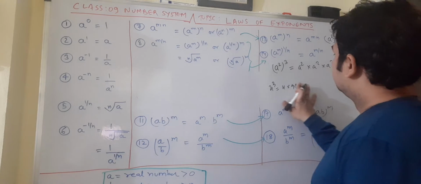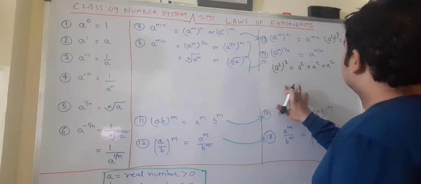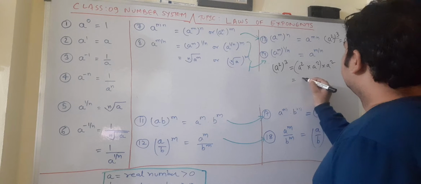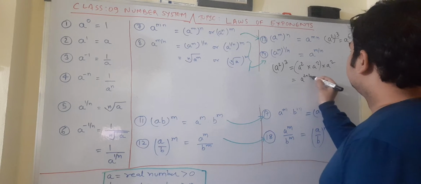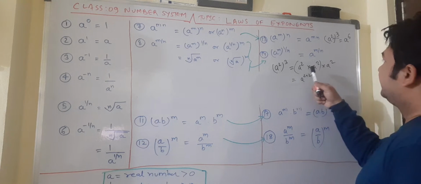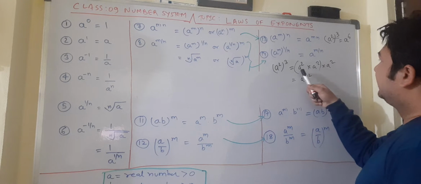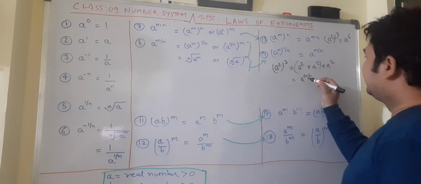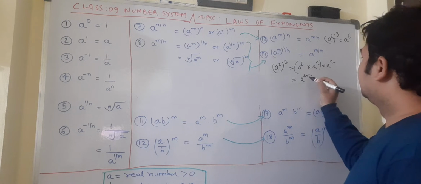So you know, if you take this common, this will become a to the power 2 plus 2, because a to the power m into a to the power n becomes a to the power m plus n. So a will remain common as base, and exponents will add up.